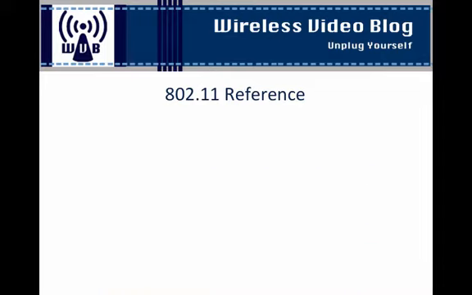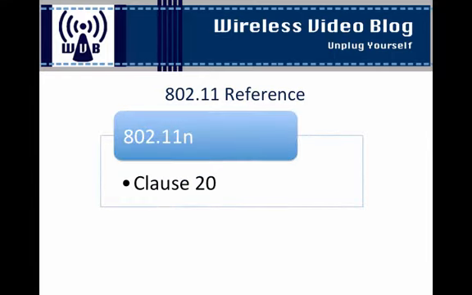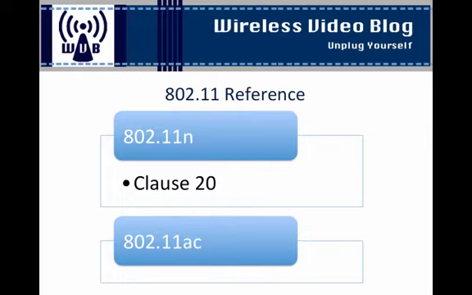The last reference that they do talk about in the 2007 standard, or at least in the CWNP exams, is 802.11n, which they reference as clause 20, or sometimes as HT or high throughput. 802.11ac is something that is out now, but because it is so new, they obviously don't reference it in the current revision of the CWAP exam, but do not be surprised if they come out with something in a newer revision of the exam down the road.